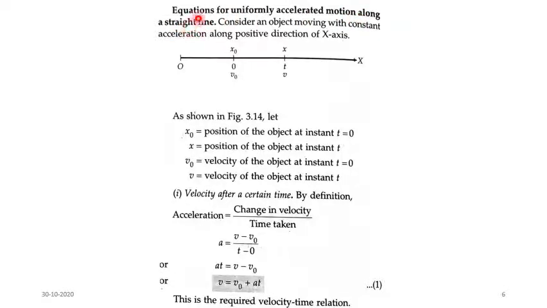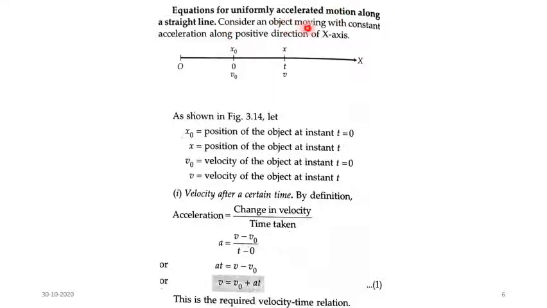All these equations are for bodies moving with uniform acceleration. That means the acceleration is changing at a constant interval. It's not randomly increasing or decreasing. If it's increasing periodically, or decreasing periodically, that is your uniformly accelerated motion.